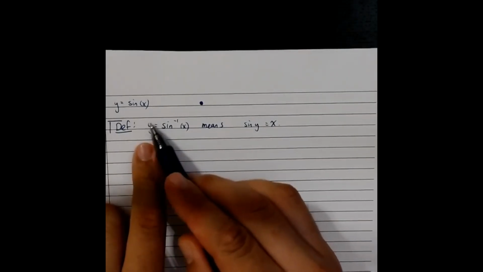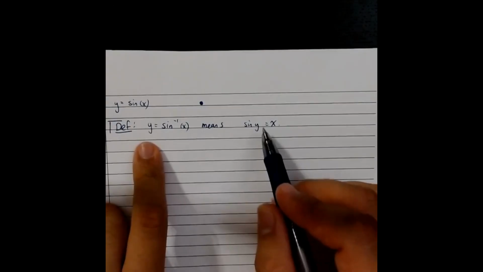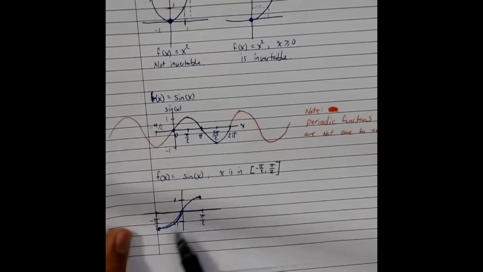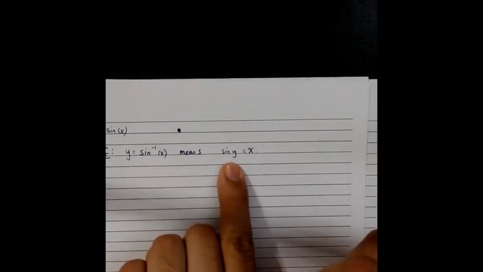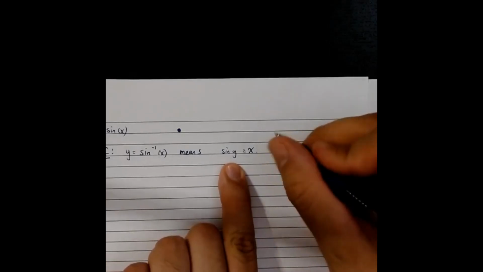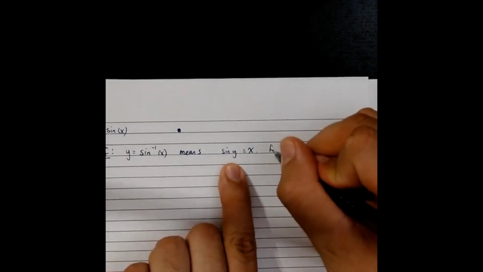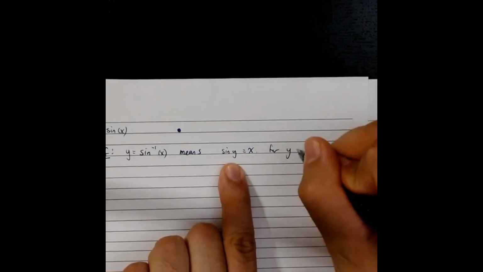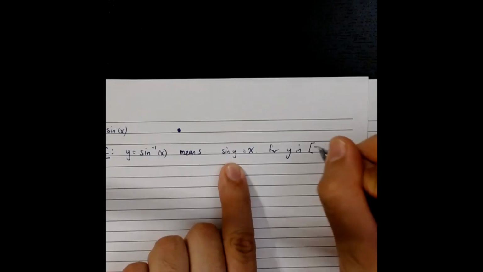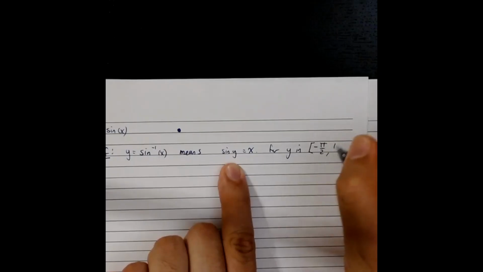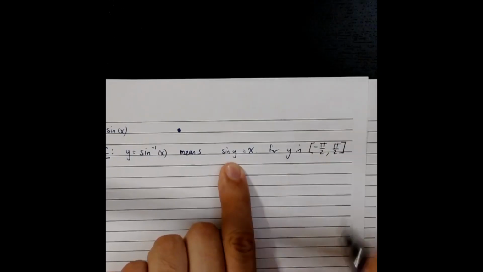We have to have that this result is going to be something you could take the sine of, which, given our restriction in the previous graph here, means we want y to be restricted between -pi over 2 and pi over 2. For y in the interval from -pi over 2 to +pi over 2. Just like that.